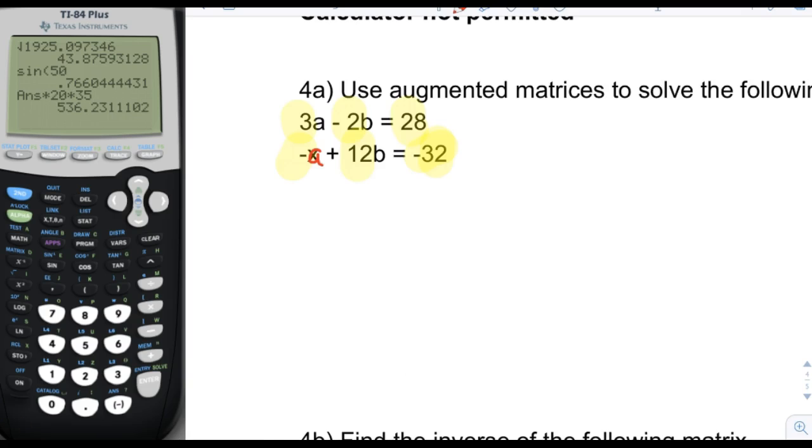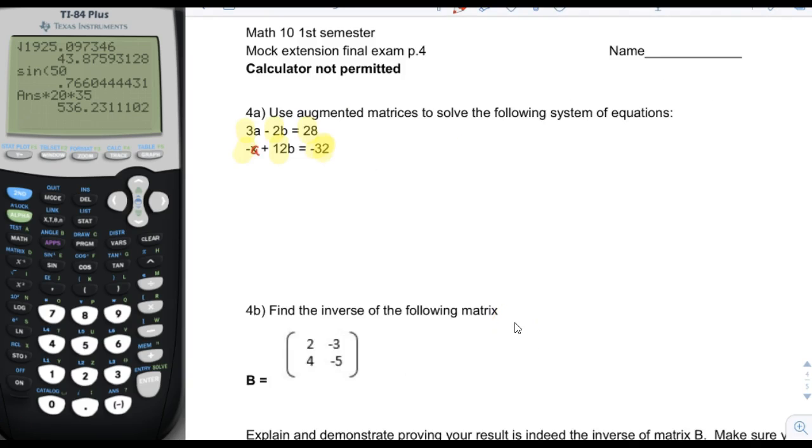To use augmented matrices, the first thing you're going to do is copy all the coefficients into an augmented matrix. The reason it's called an augmented matrix is that in addition to the 2x2 part, which is the coefficients, we also augment an additional column, which is the results on the right side of the equal sign. And we represent the equal sign by putting this vertical line here.